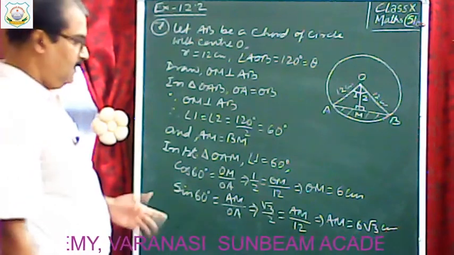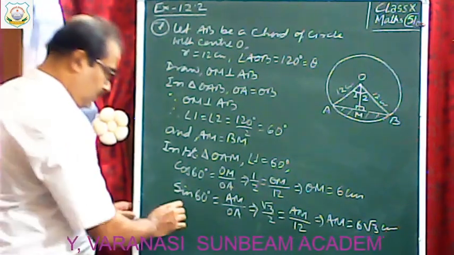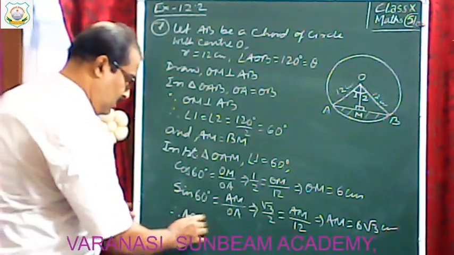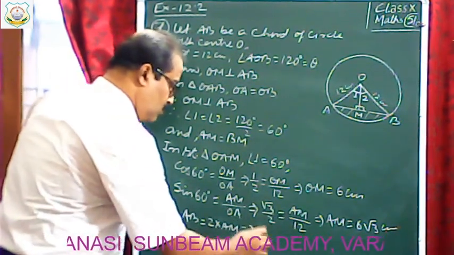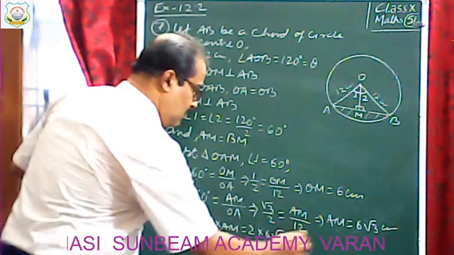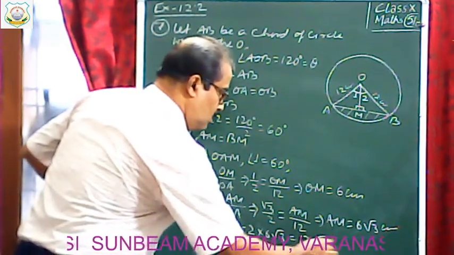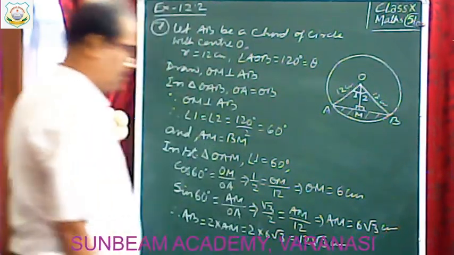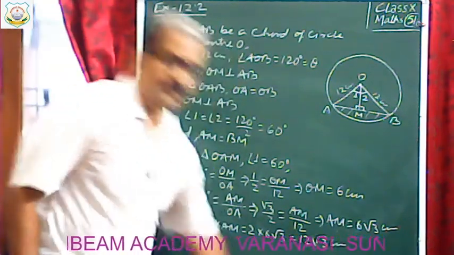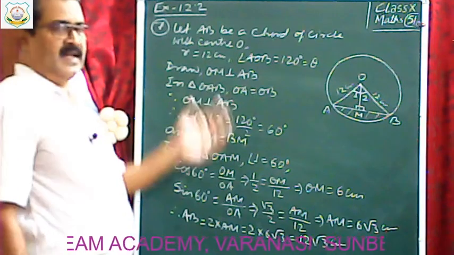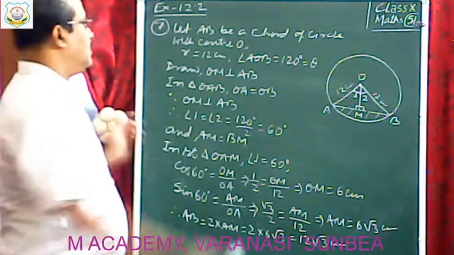After getting the length of AM, find AB, that is equal to 2 into AM, 2 into 6 root 3, that is 12 root 3 centimeter. Okay, so in this way you have to find out base and height of triangle OAB.